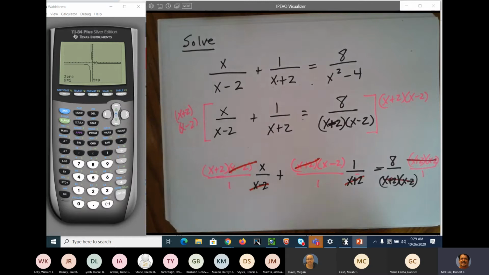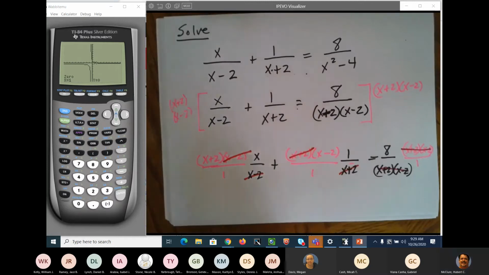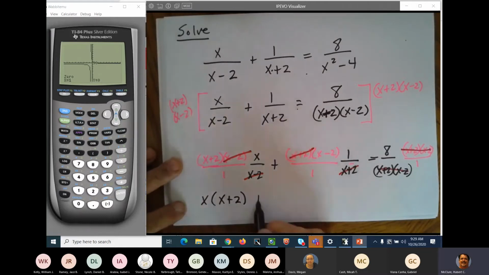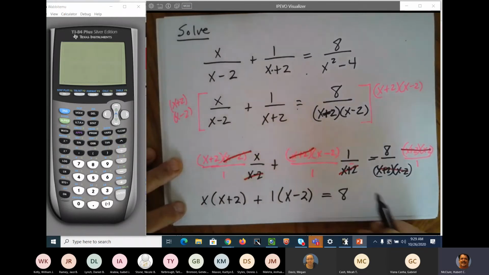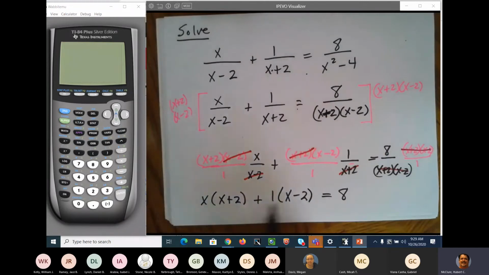That's going to leave us with x times x plus 2 plus 1 times x minus 2 is equal to 8. Now I'm going to let y'all finish this one. Y'all should be able to finish that one. I'll give you a minute to finish it.